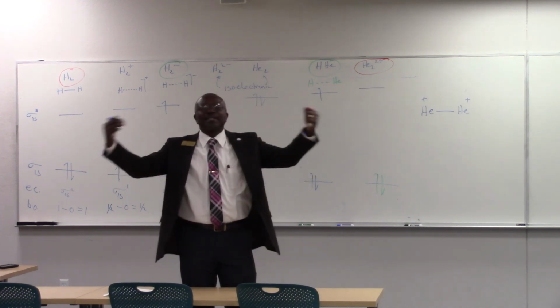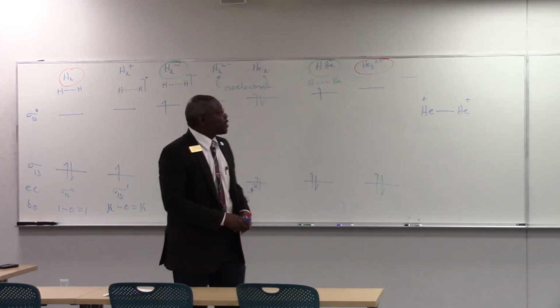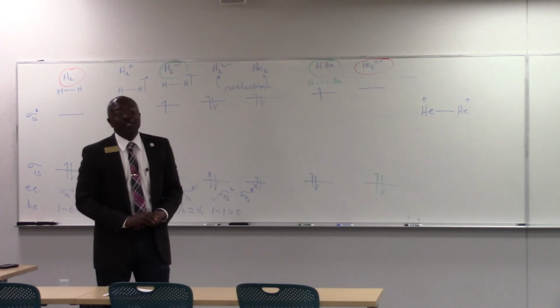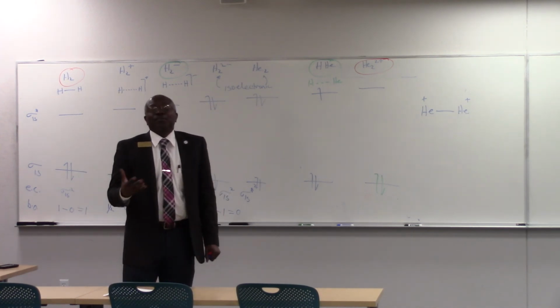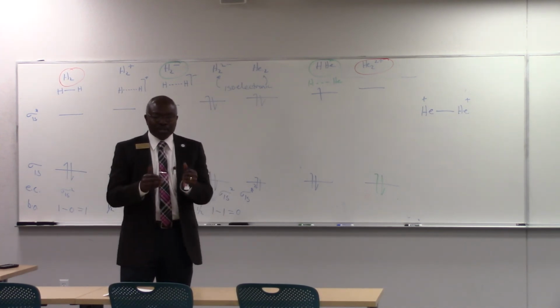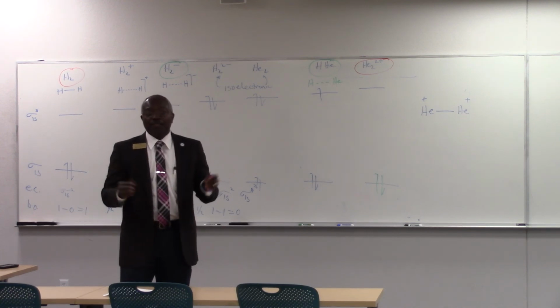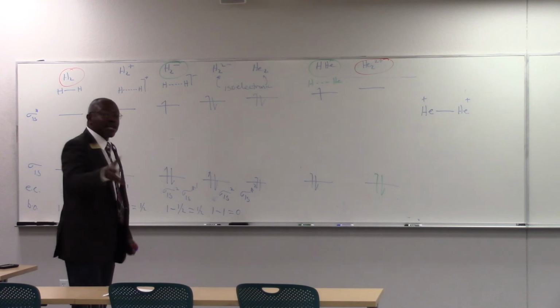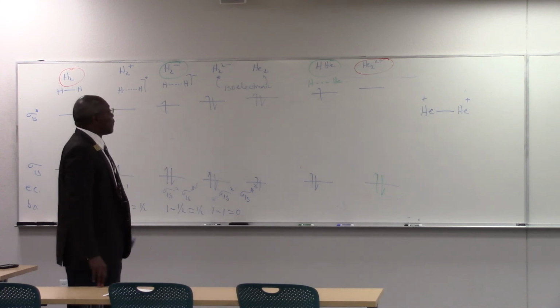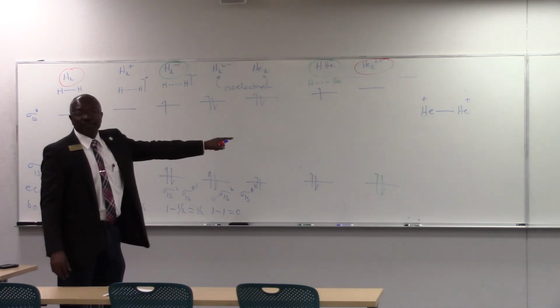So He2 plus, even though the bond order is unity, is not going to be a stable entity because the repulsion between the like charges would make the molecule fracture. So although it's got the same bond order as H2, one has an existence, one does not.